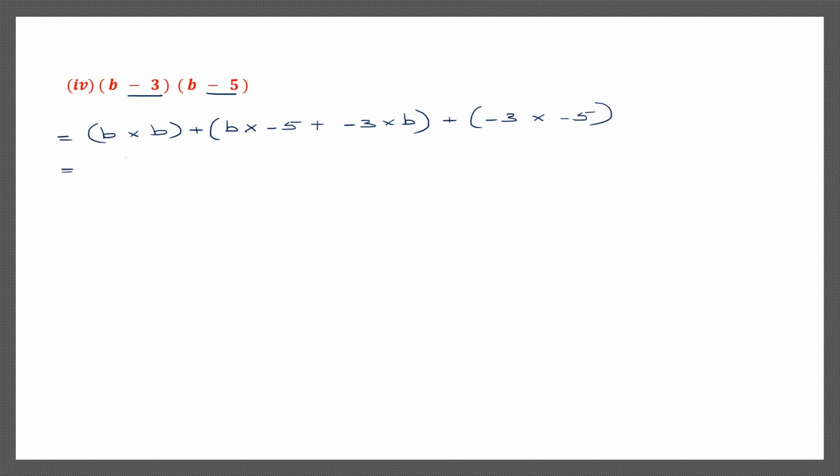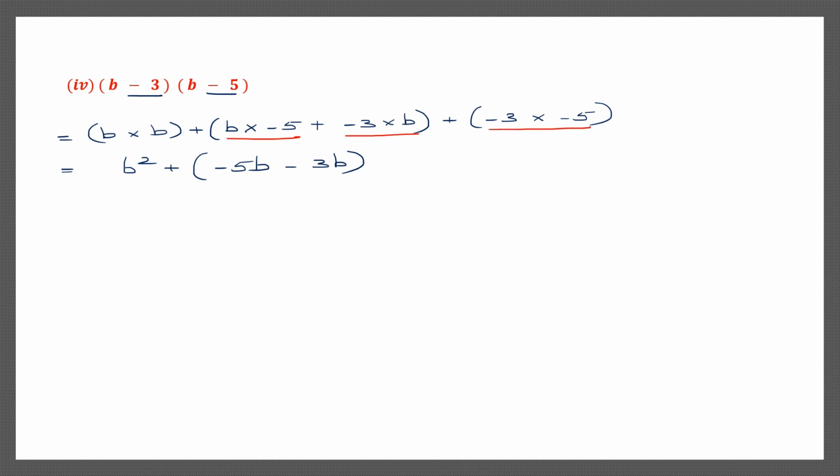So b into b is b square. Now plus inside this b into minus 5. So this is the first thing. b into minus 5 is minus 5b. Then here we have minus 3 into b is minus 3b. Then let's go on to the next one.